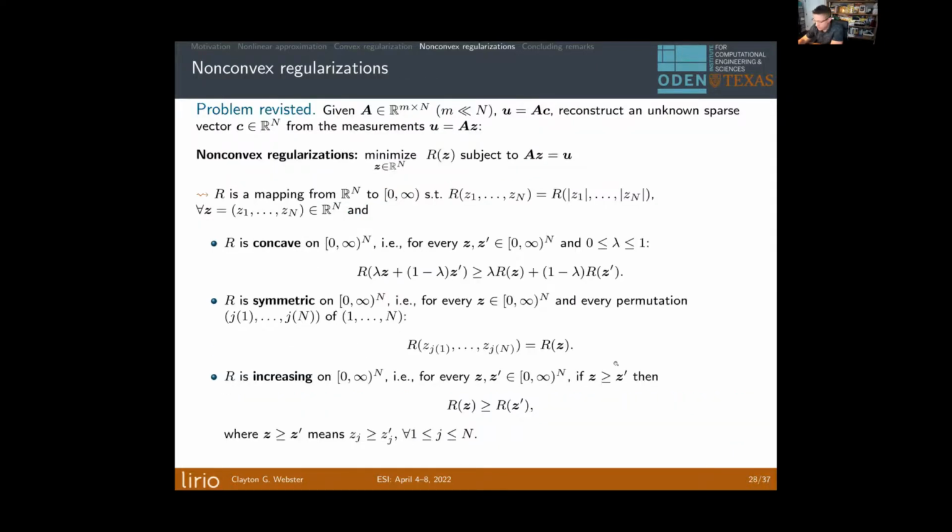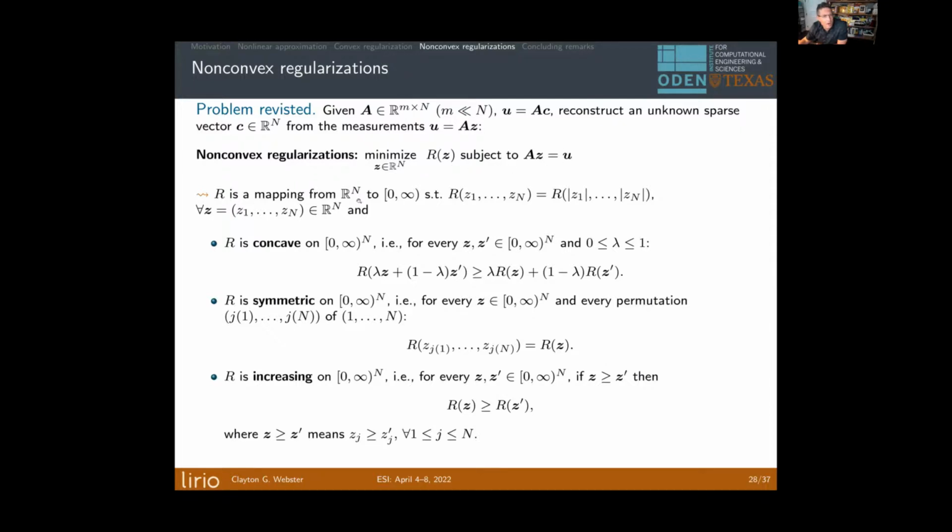Let me just see here. I won't go through the details, but I'm going to rewrite the regularization problem, or the compressed sensing problem, in the following way. I'm now going to minimize this non-convex function, I'll call R of Z, subject to the same constraint.